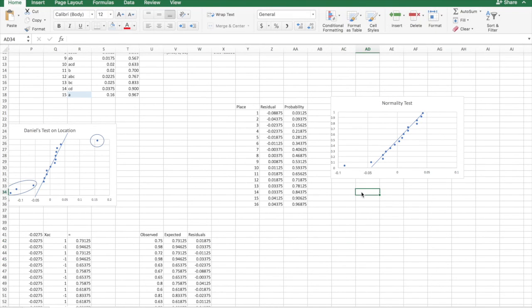Now we can see that most follow the straight line except this point, but if we check its normal contribution, it's still on the range. So the normality test is okay, the normal distribution is okay.